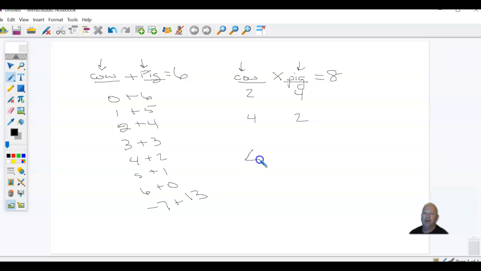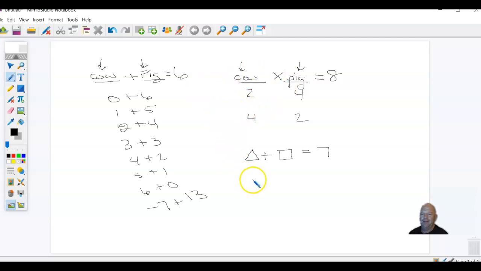Now in your work, you're going to see things like triangle plus square equals 7. Now this doesn't have anything to do with the number of sides, so a triangle doesn't have to be 3 and a square doesn't have to be 4.